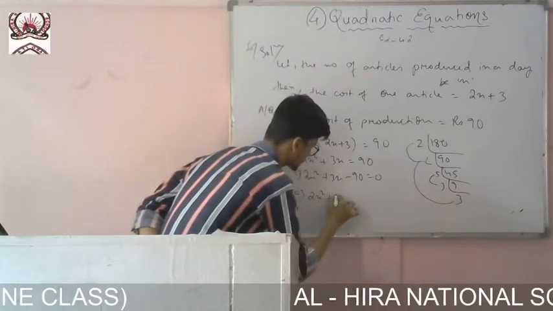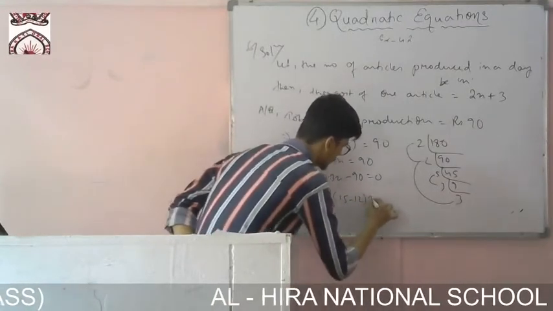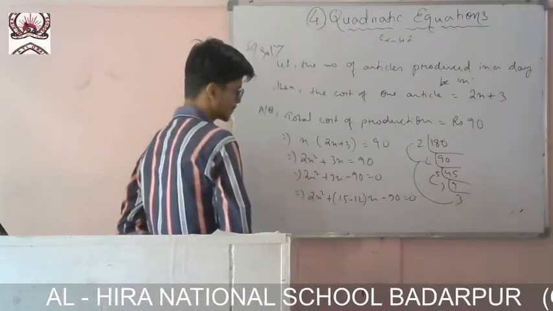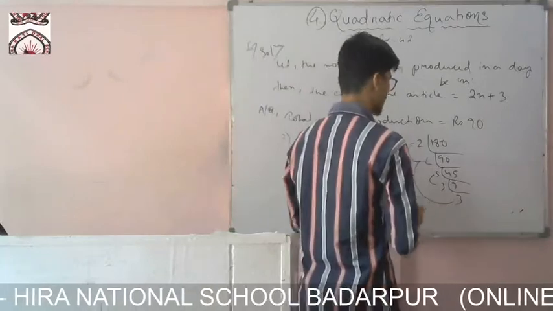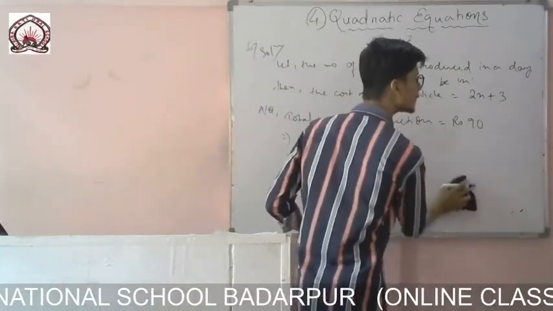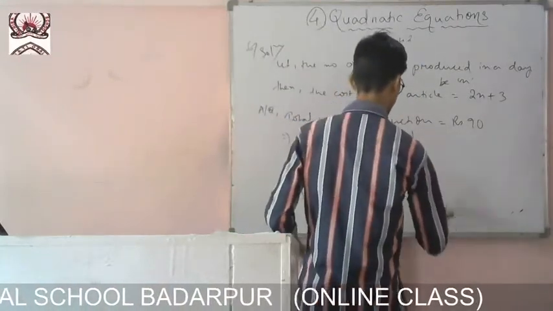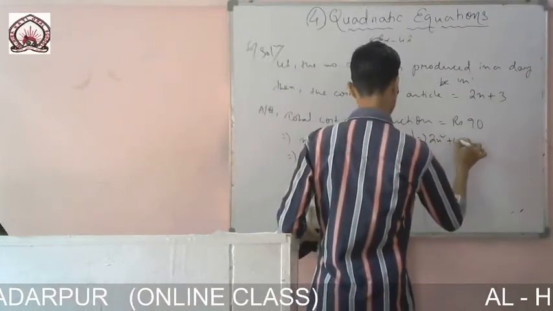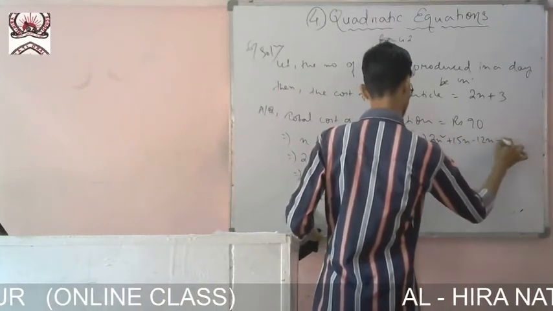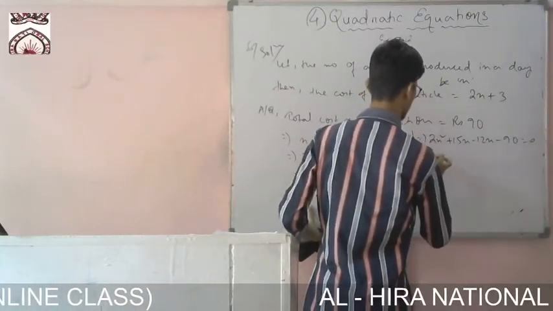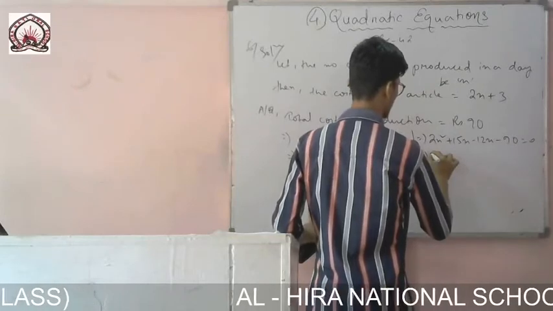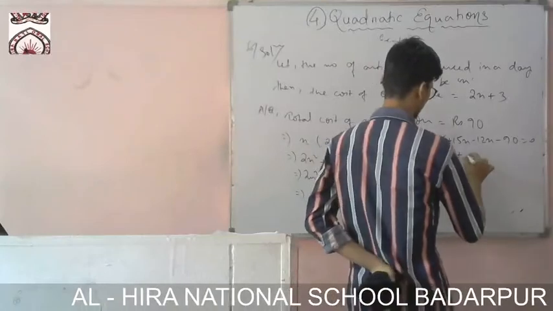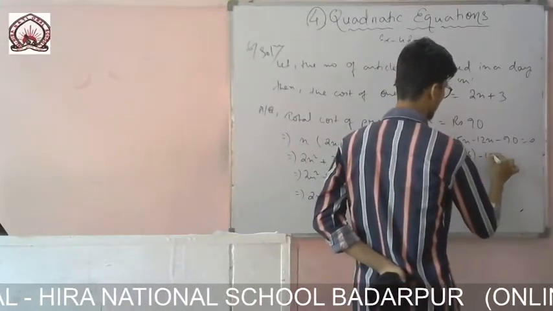So 2x square plus 15x minus 12x minus 90 equals 0. I can take x common, so it will be 2x plus 15, and there I can take 12 common.